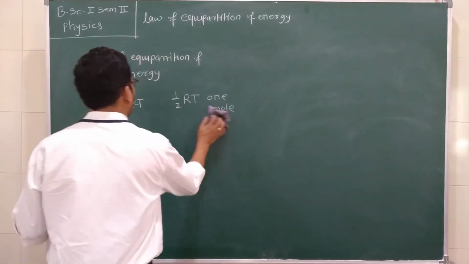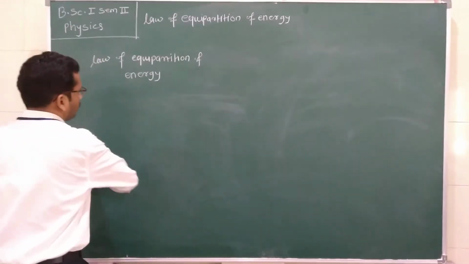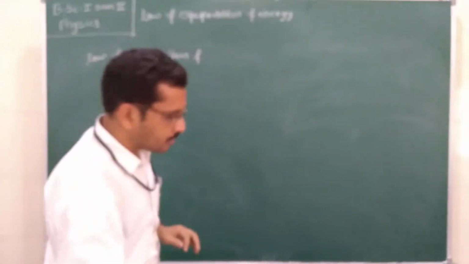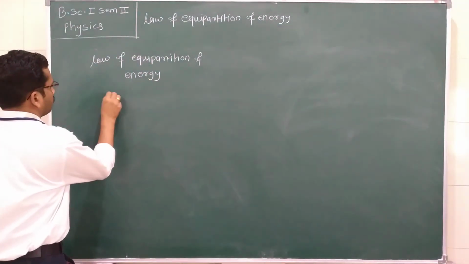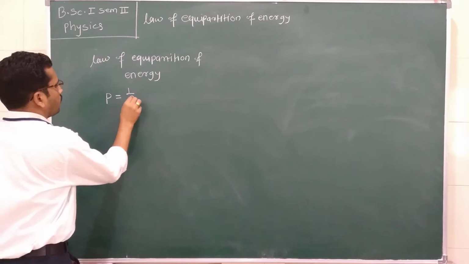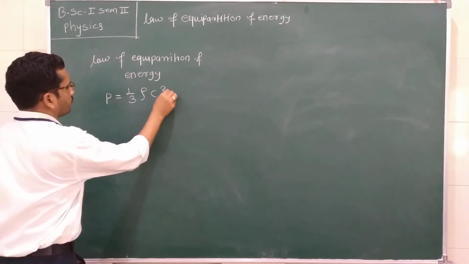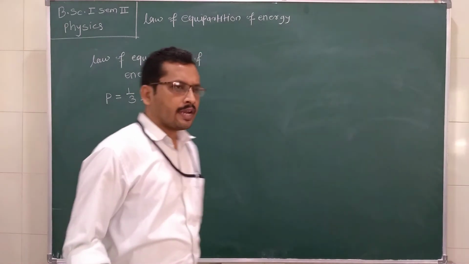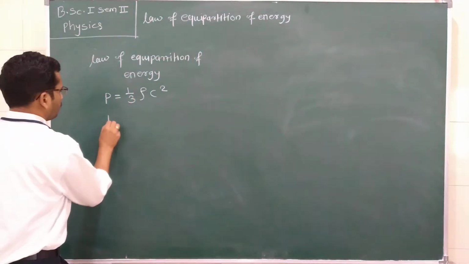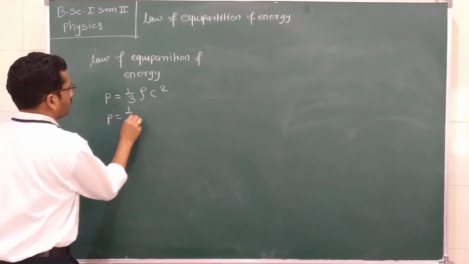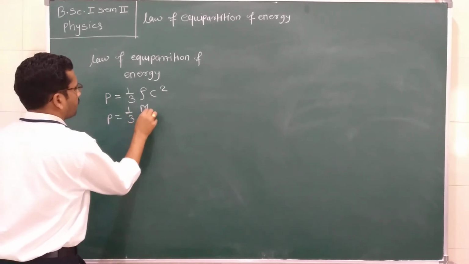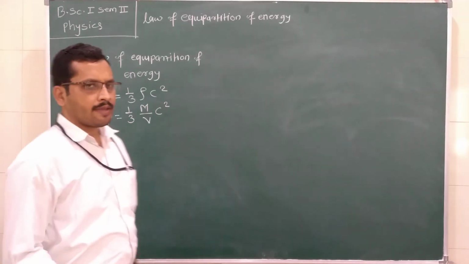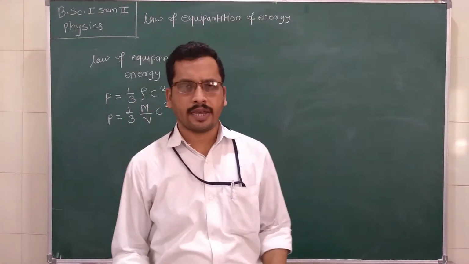So we are starting from the equation of the pressure. And what is the equation of the pressure? The equation of the pressure is P is equal to 1 by 3 rho C square. What is rho? Rho is nothing but the density, so P is equal to 1 by 3 M by V into C square, where capital M is the total mass of the gas.